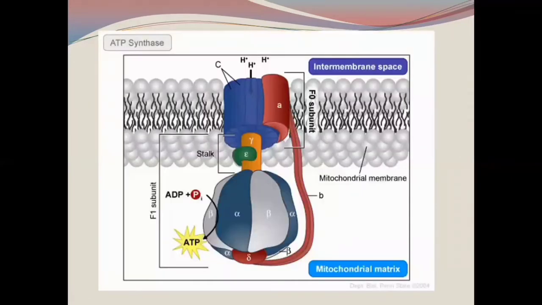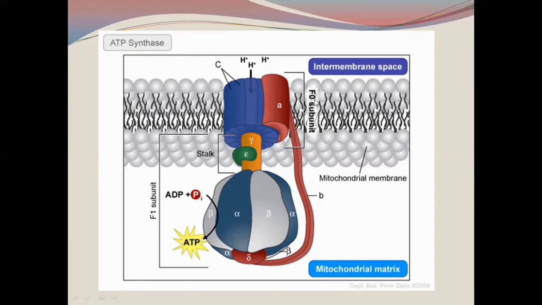This is the overall structure, the rotatory motor model for the generation of the ATP. The F0 subunit is embedded inside the inner mitochondrial membrane, and the F1 subunit is protruding inside the mitochondrial matrix.